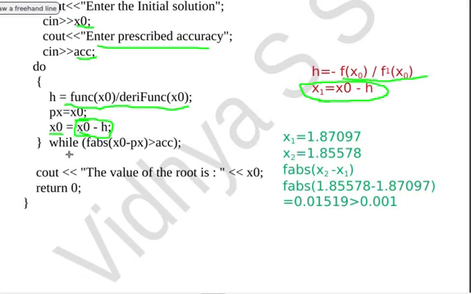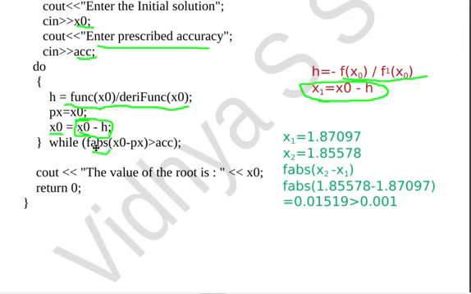Then after each iteration, I need to check whether I have reached the end of the iteration. The end of the iteration will be reached whenever I meet the accuracy. And here I am checking whether f absolute of the previous result minus current result is greater than accuracy. Here the f absolute function will return a positive value of this difference.